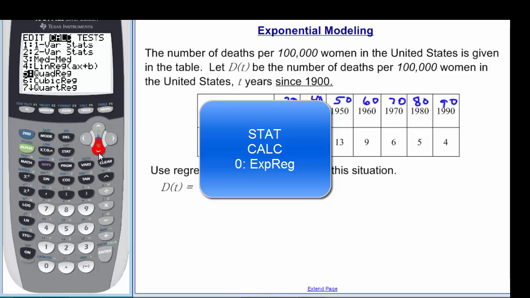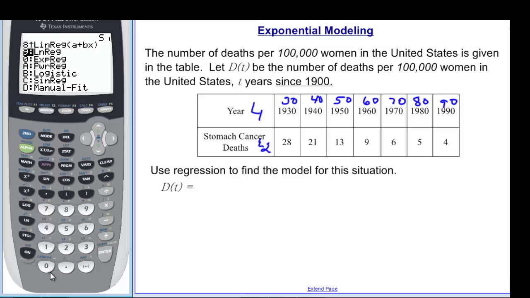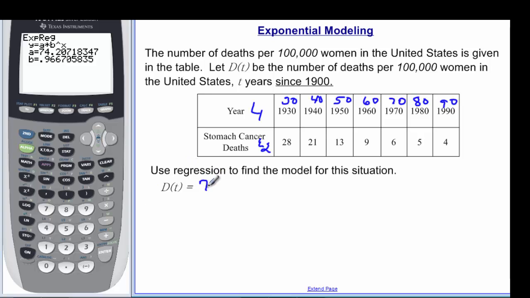Once you know this, you don't have to arrow down every time anymore. 0 will give me my exponential regression. Press enter. And now I know that D of t is equal to, rounded to 2 decimal places, 74.21, that's my A, times B, which will be 0.97 if I round to 2 decimal places, to the t.